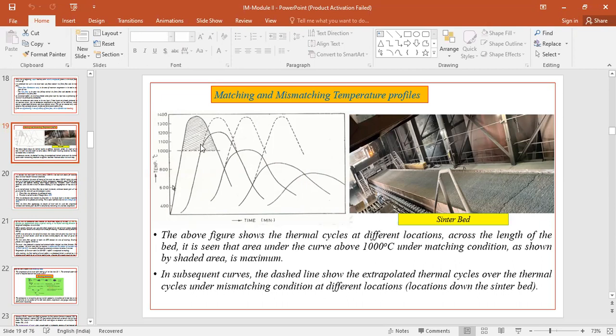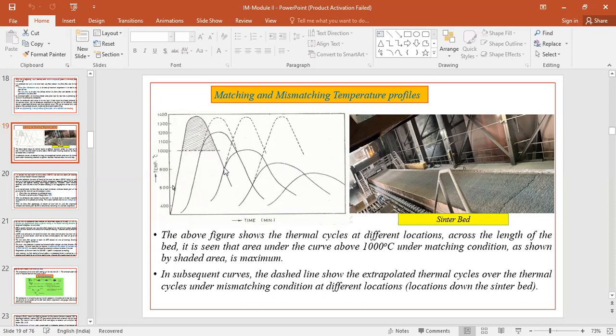So you can see only the first layer is attaining maximum temperature, and layer 2 is also okay to a certain extent, but from layer 3, layer 4, layer 5, all of these have temperatures less than 1000 degrees centigrade.